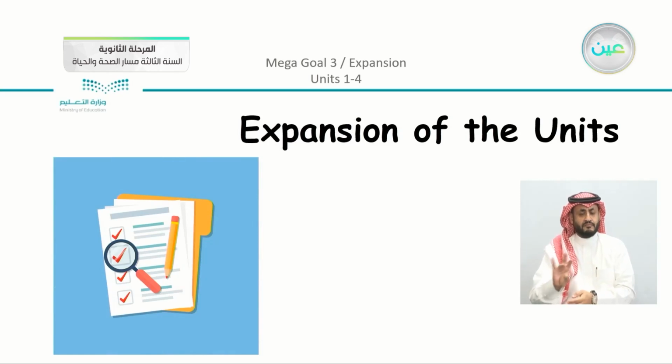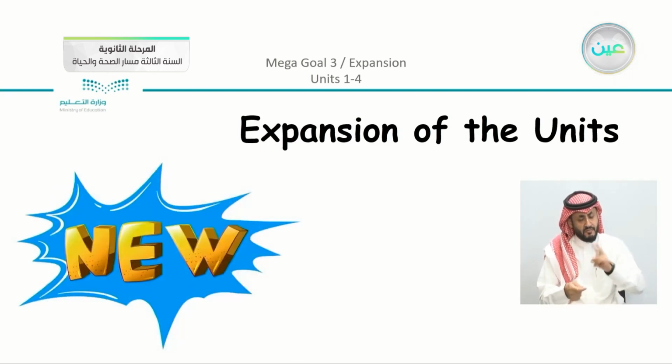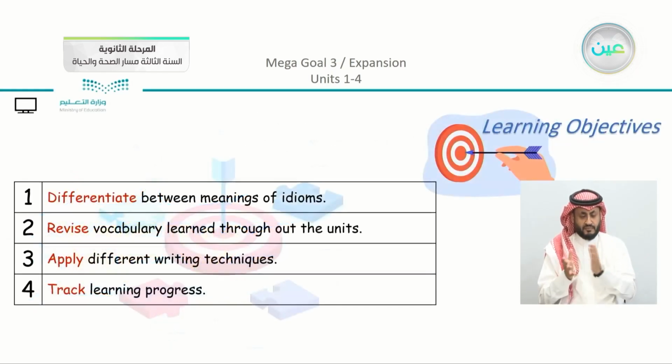We are completing the idea of expansion of the units. So we're going to see here what do we have new. Now we are going to move on with something new here. We have the objectives. First of all, number 1, to differentiate between meanings of idioms.